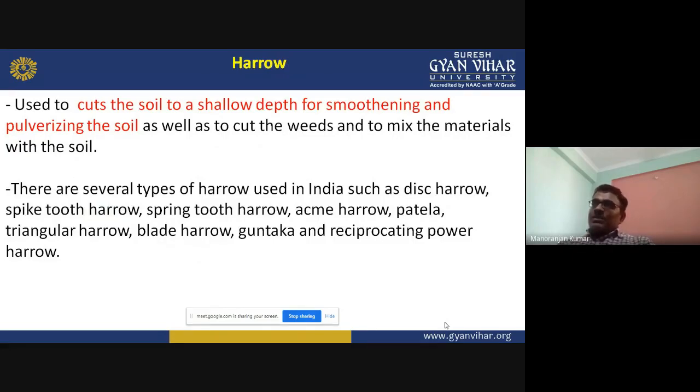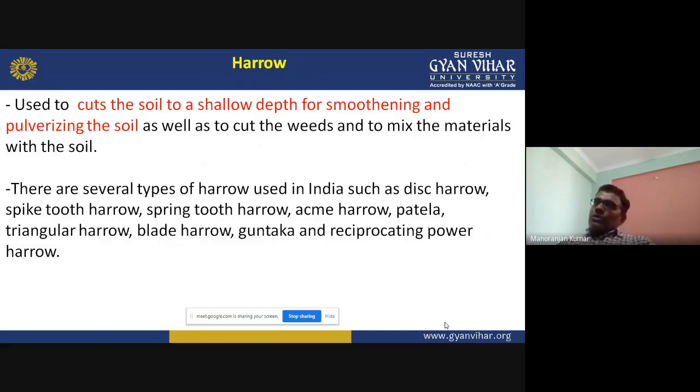This is used to cut the soil to a shallow depth, for smoothing and pulverizing the soil, as well as to cut the weeds and to mix the material with the soil. So these harrows are generally used to cut a shallow depth for smoothing purposes as well as pulverizing the soil. And also it will remove the weeds or mix those weeds into the soil.